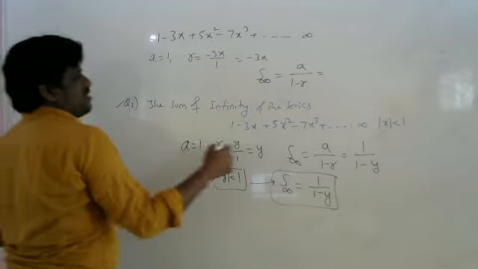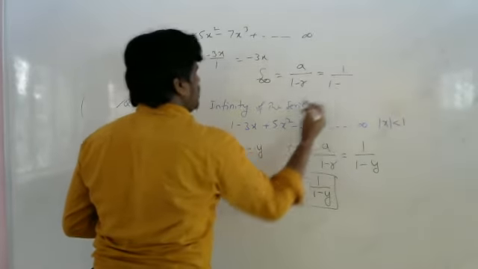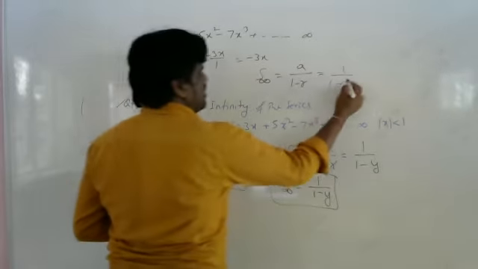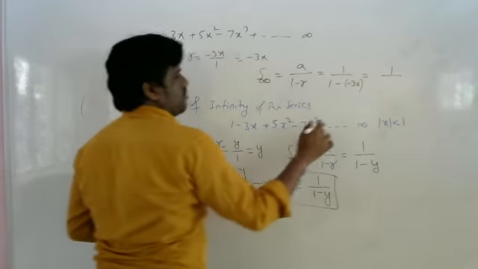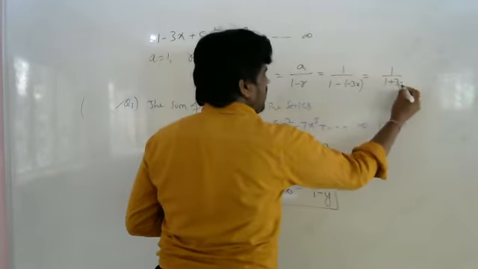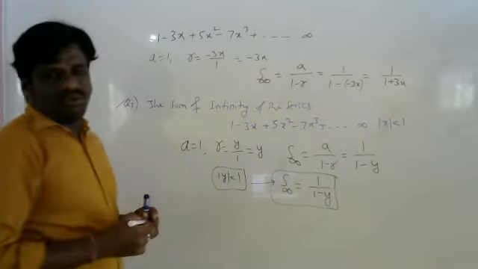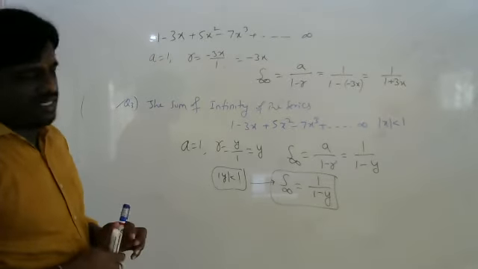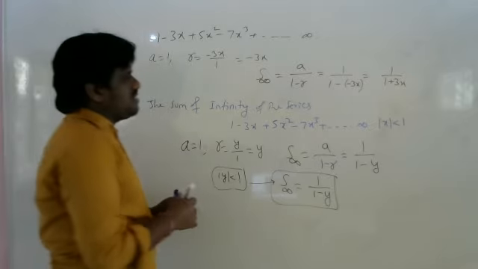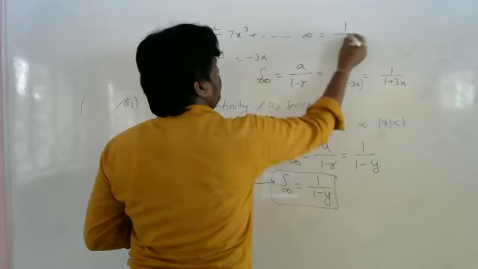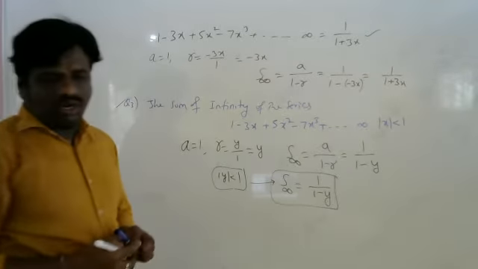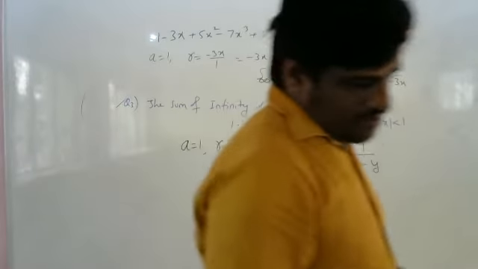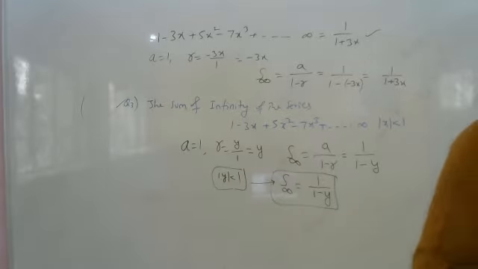Substituting a as 1 and r as minus 3x, 1 upon 1 minus into minus is plus, so 1 plus 3x. S infinity is equal to 1 upon 1 plus 3x. So the infinite sum of this GP is 1 upon 1 plus 3x. This is what we call S infinity.